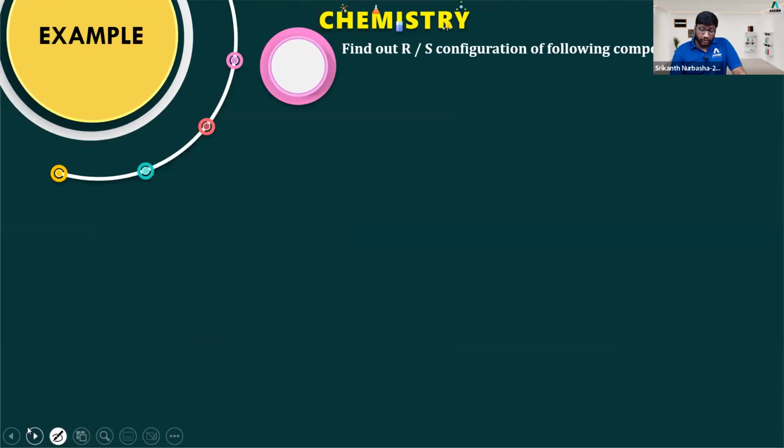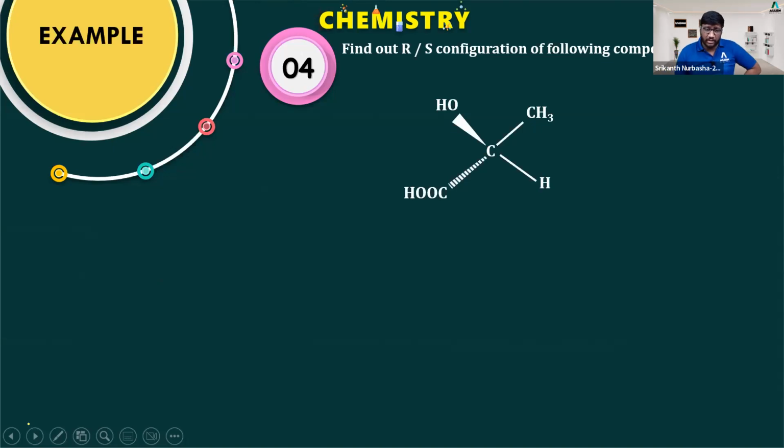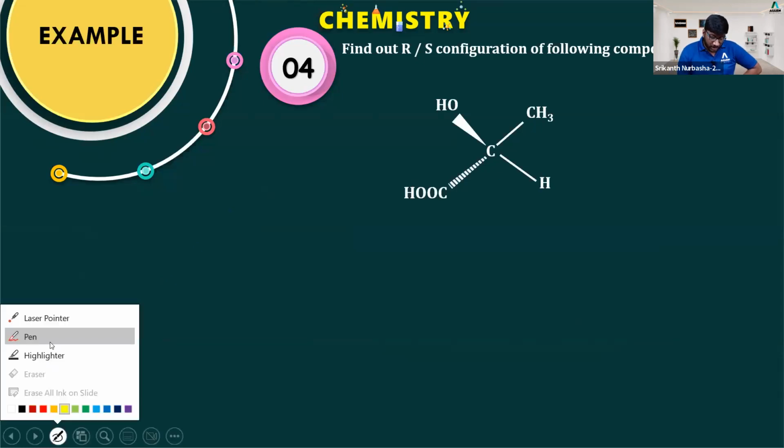You try out this one. Find out R or S configuration of the following compounds. C, CHO, OH, CH3, H. Sorry. So hydrogen, you have to exchange with what?